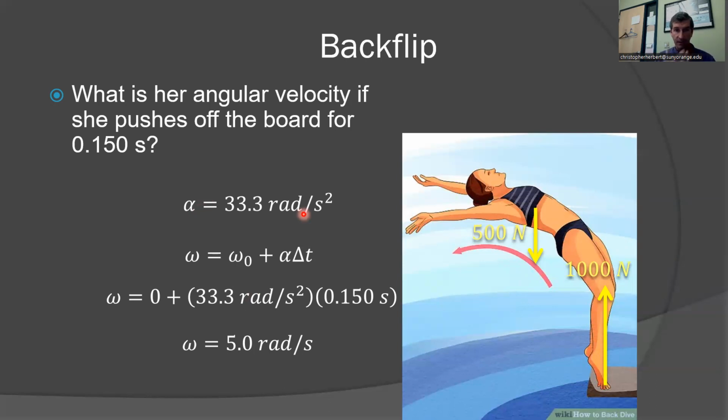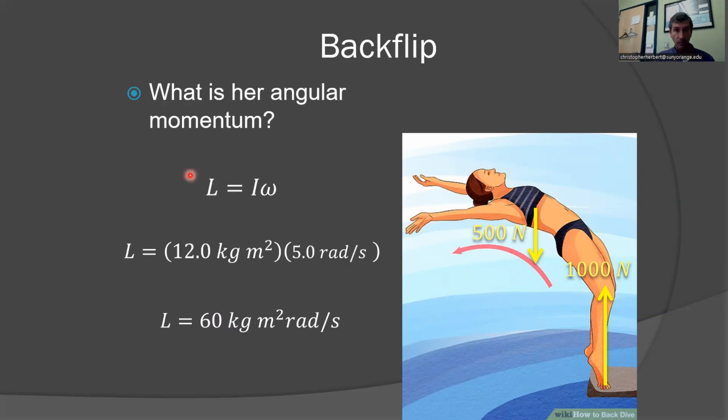If I said that the torque is constant, which it has to be if our angular acceleration is constant, I could take the 0.4 times 1,000, which is 400 Newton meters of torque, and multiply that times 0.15 seconds to get my angular momentum change, and then use that to find the angular velocity. But it's actually easier once I find the angular acceleration to calculate the angular velocity change based on that. So I get 5 radians per second.